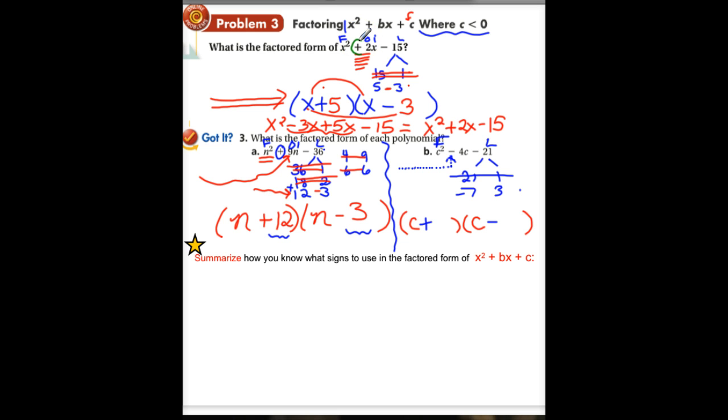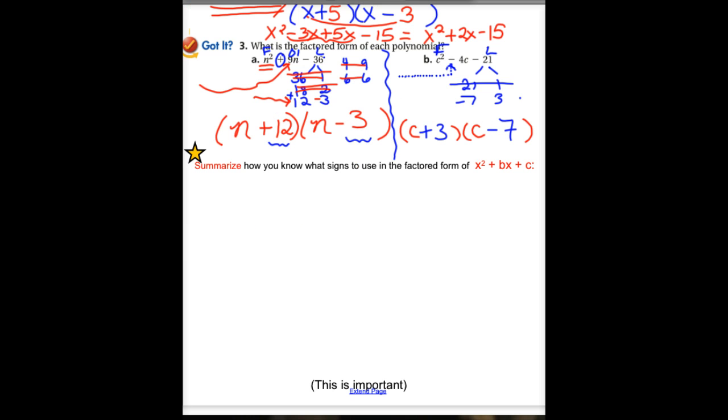The sign of the middle number always goes with the larger of the 2 factors, because the larger one needs to take it over. All right, so my 7 goes with my minus, and my 3 goes with my plus. So how could I check it? I simply FOIL.